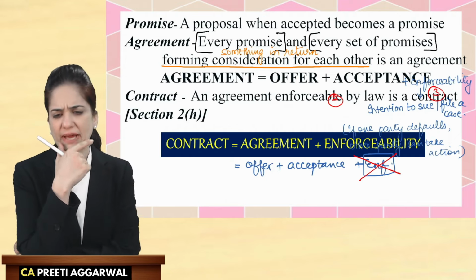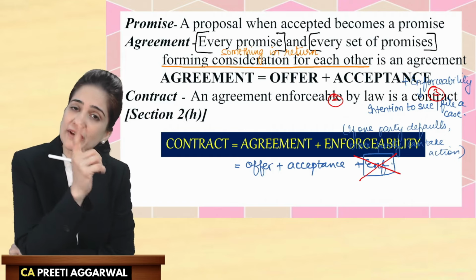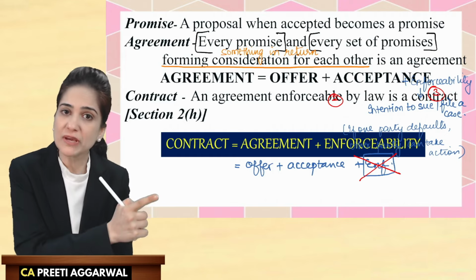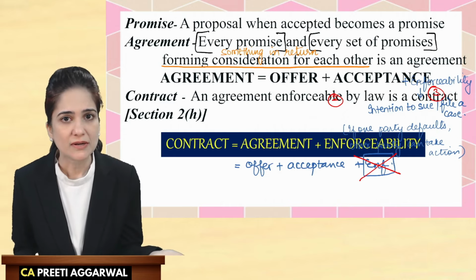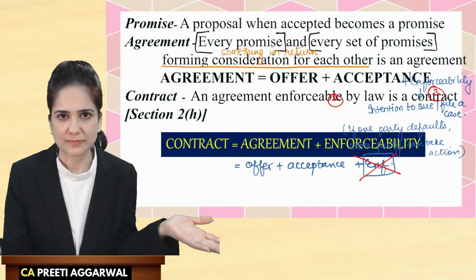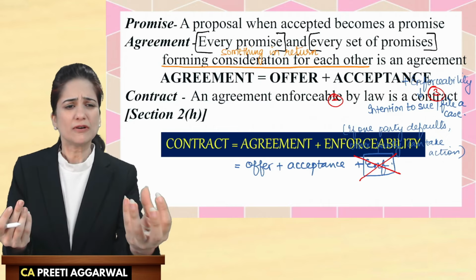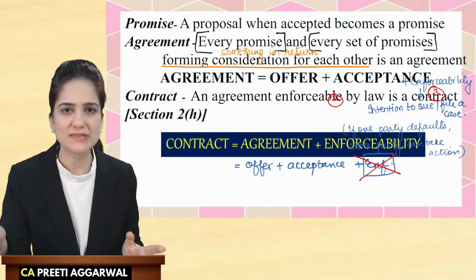The question arises, how will we show this intention? Is it always compulsory that contract must be in writing? No. Oral contracts are very much valid. Now, let's say that I am teaching you in a live class. I just took few thousands as fees from you and I started teaching and I said you pay the balance next month.